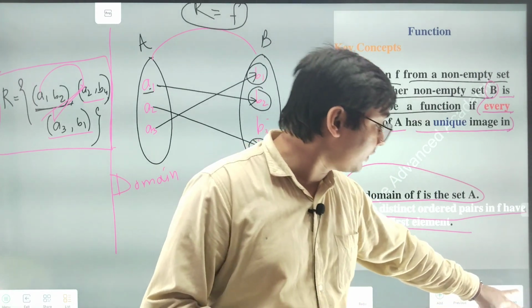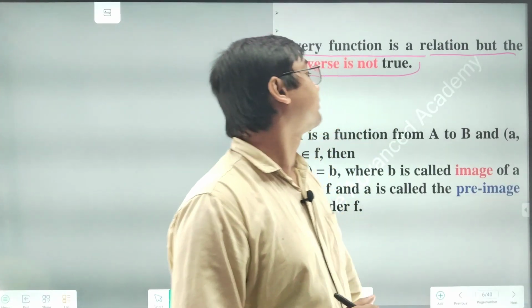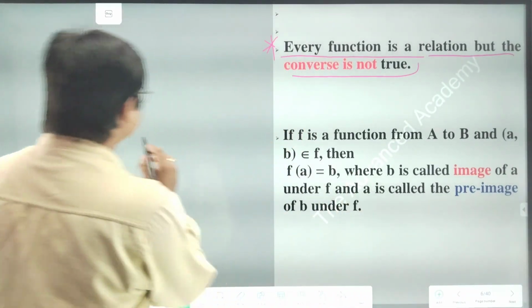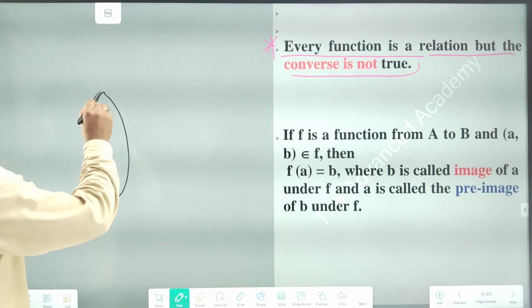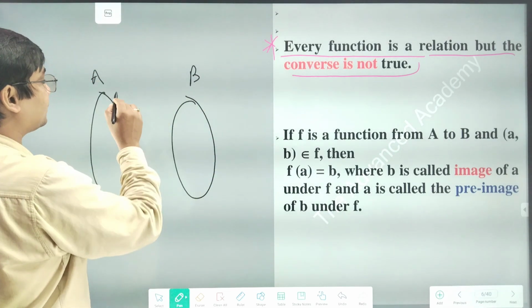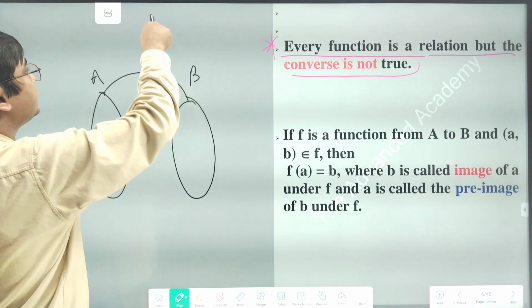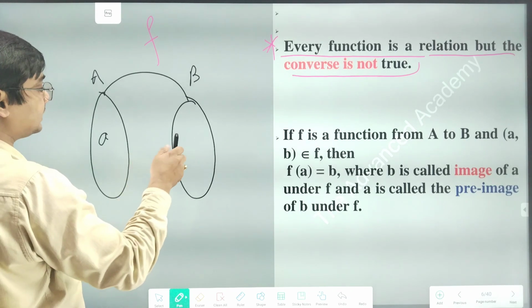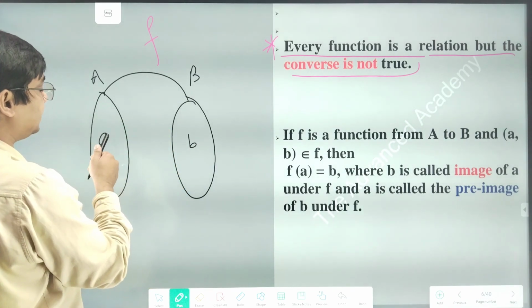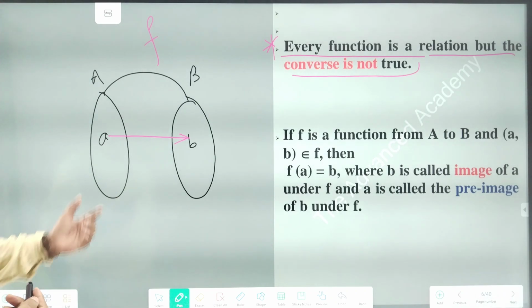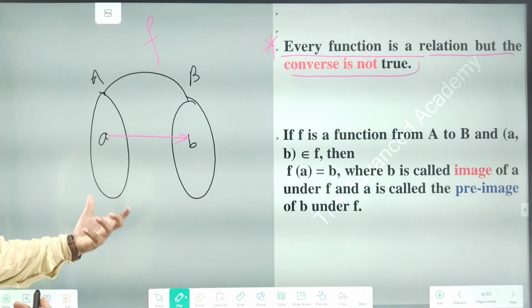That means what we can say here is every function is a relation, but all relations are not functions. Yes guys, okay, so now suppose this is our set A, this is suppose B, and here f is a function from A to B, and suppose here is an element a and here is an element b, and suppose a is related to b.